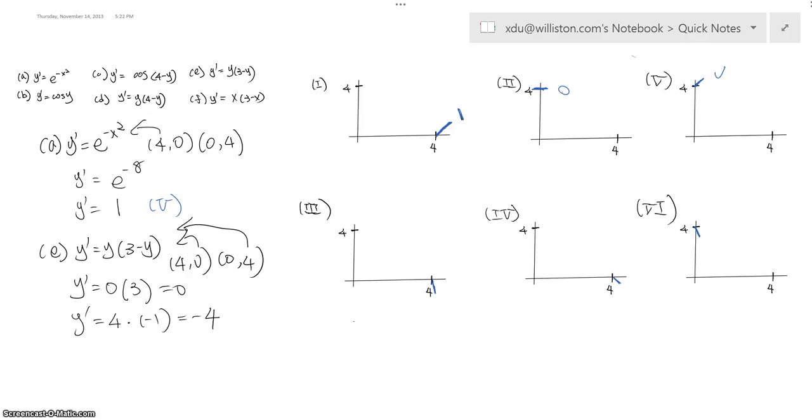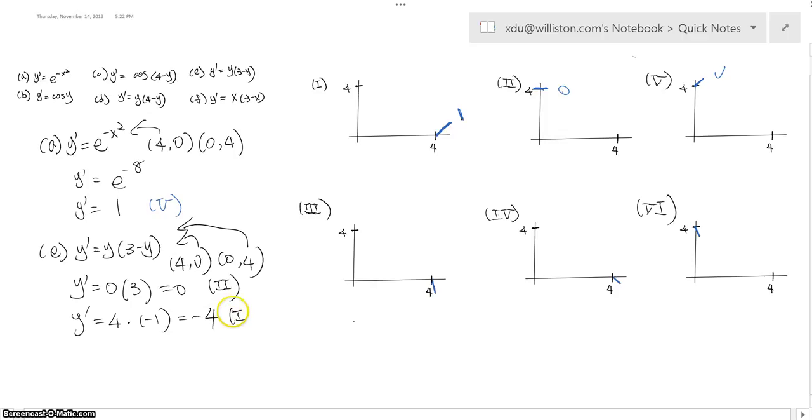According to the graphs, 2 is a graph with y prime equals 1, and the 6 graph looks like a graph with a negative 4.